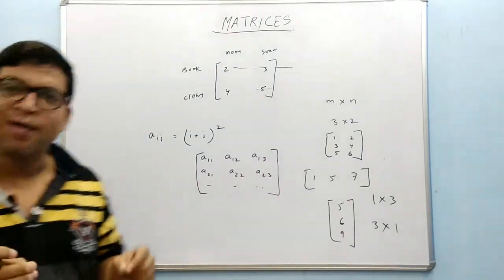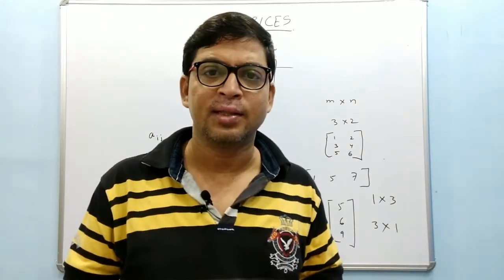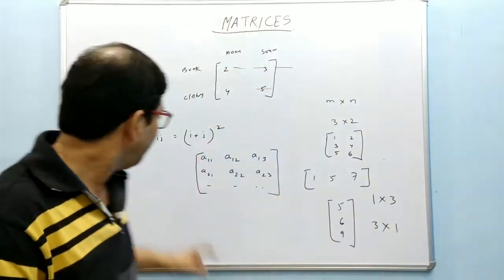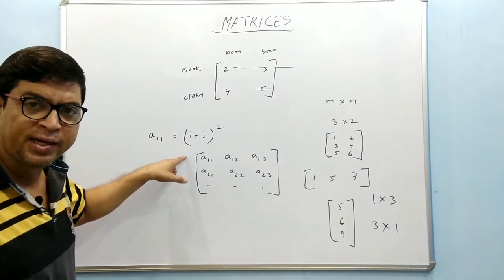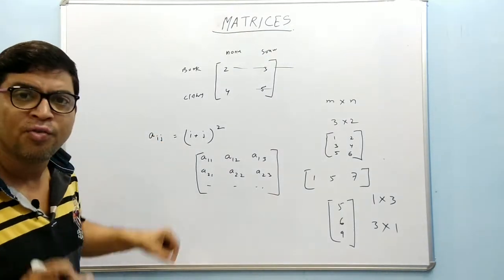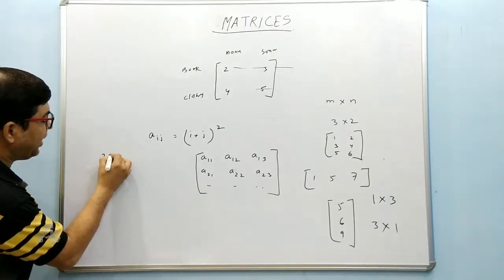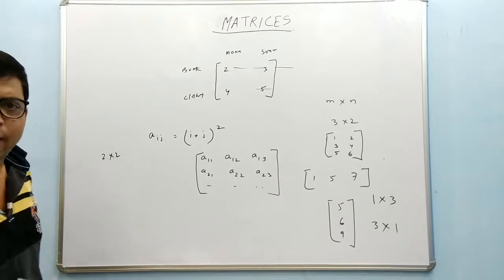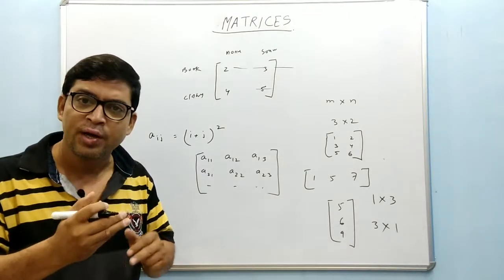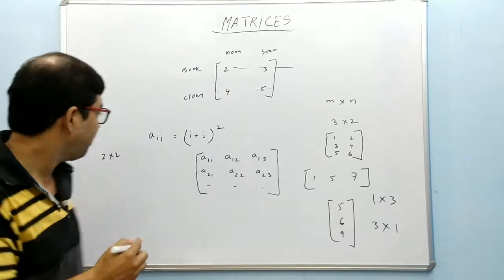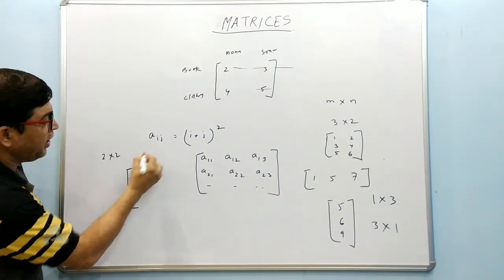Suppose I have to form a 2 into 2 matrix, that is a square matrix, whose elements are represented by this formula. So how many elements? 4 elements: A11, A12, A21, A22. I can find the elements very easily.